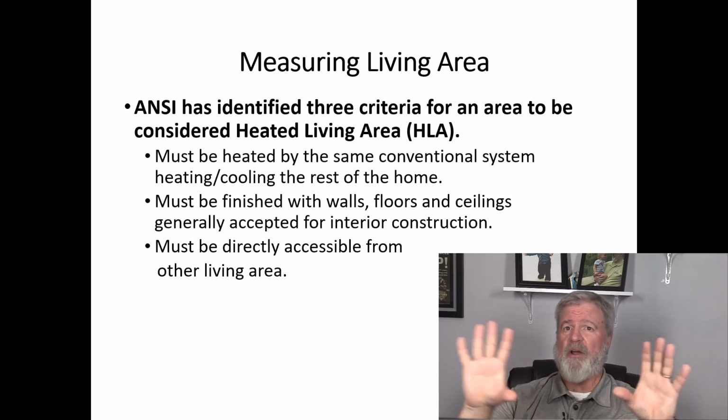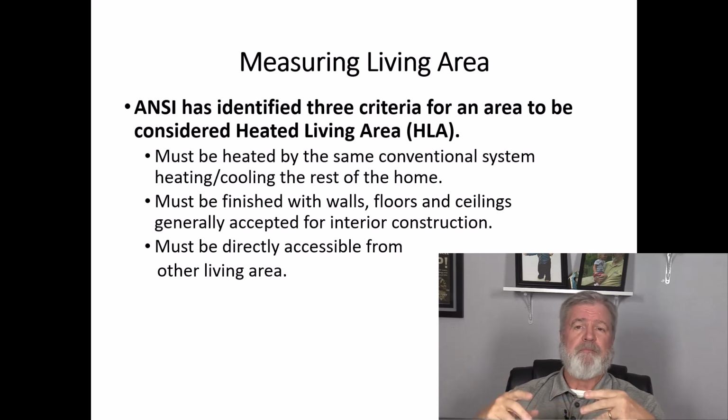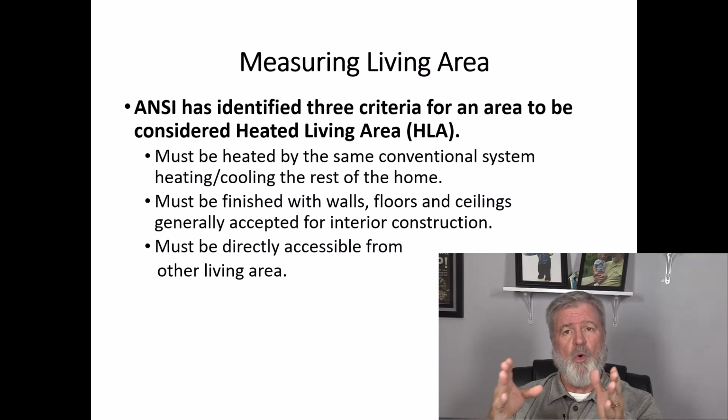There's no ductwork even going into the room. So they have some other way of heating and cooling. Well, then that does not meet the ANSI standard. Typically, if you have a window unit, that's not going to count. But again, some people say, well, but it's still heated and cooled. Okay, but that doesn't meet the standard of heated living area according to ANSI.